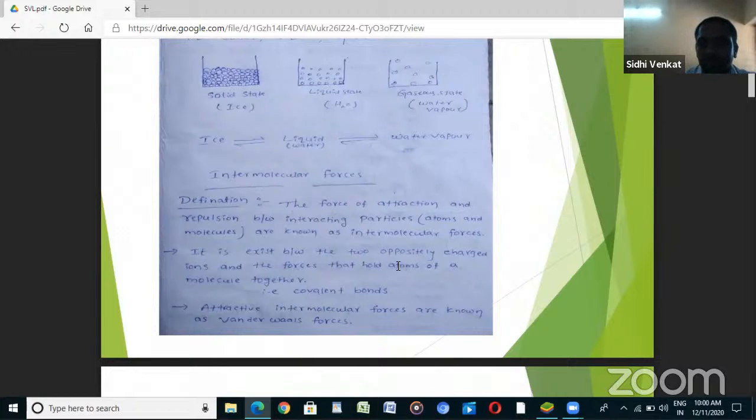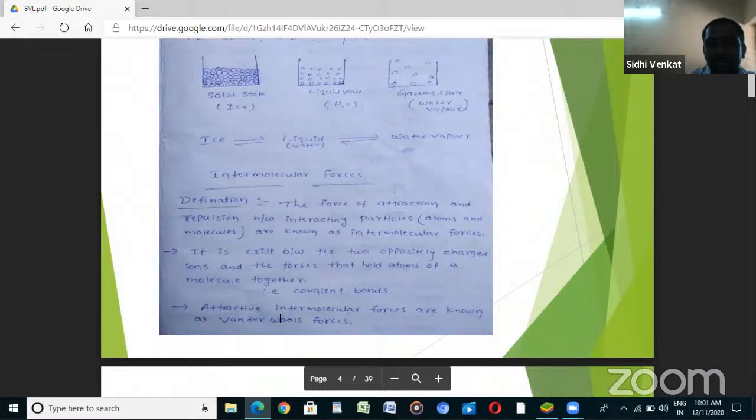Positive charge is the cation and negative charge is the anion. It exists between the two oppositely charged ions, and the force that holds atoms of a molecule together, that is nothing but the covalent bond.